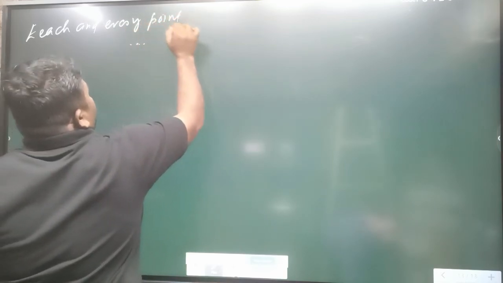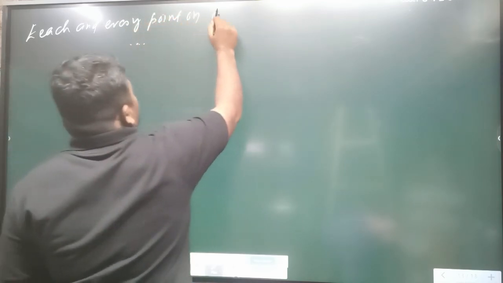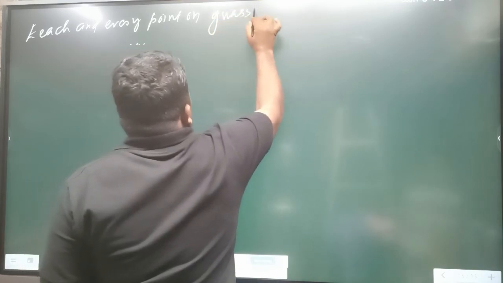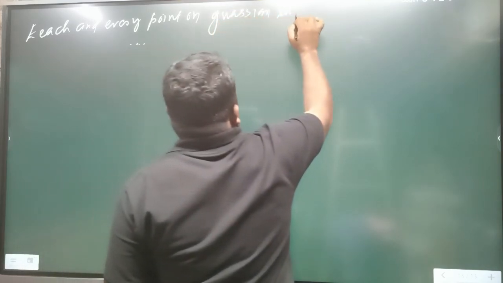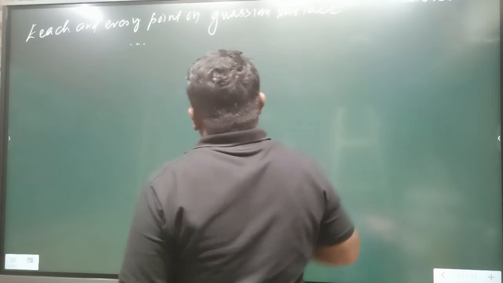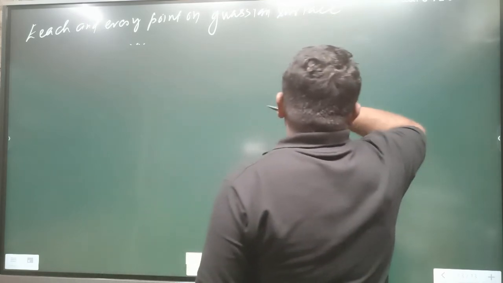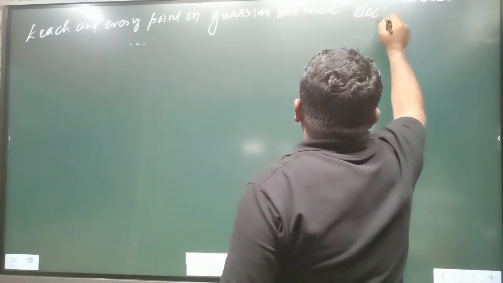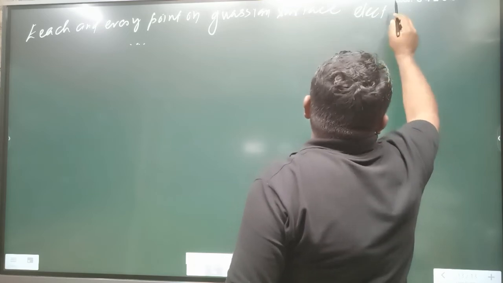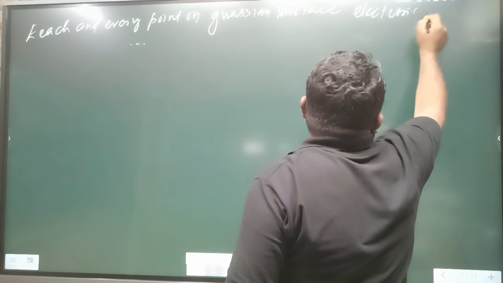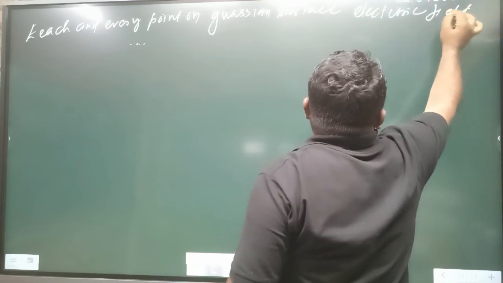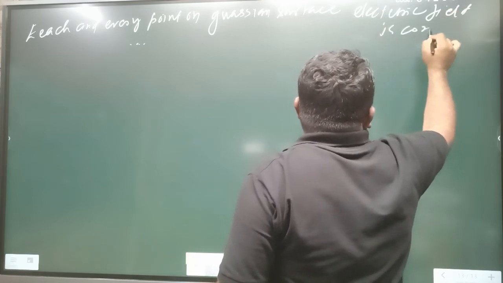At each and every point on the Gaussian surface, the electric field is constant.